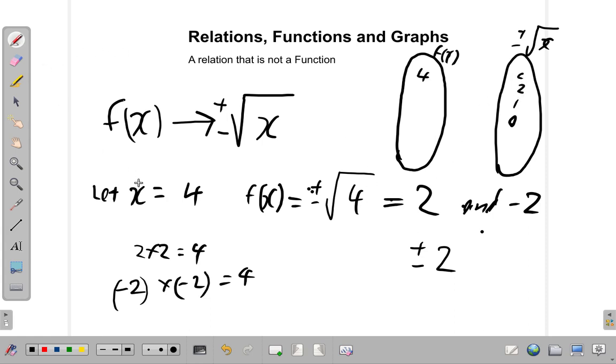Let's not put in the 1. Let's not put in any unnecessary number now because we need a space. 2 and negative 2. What you see is 4 is mapped to 2 and 4 is mapped to negative 2 as well. Already you can see that this is a one-to-many mapping. It's not a function. You could put in another number in it.